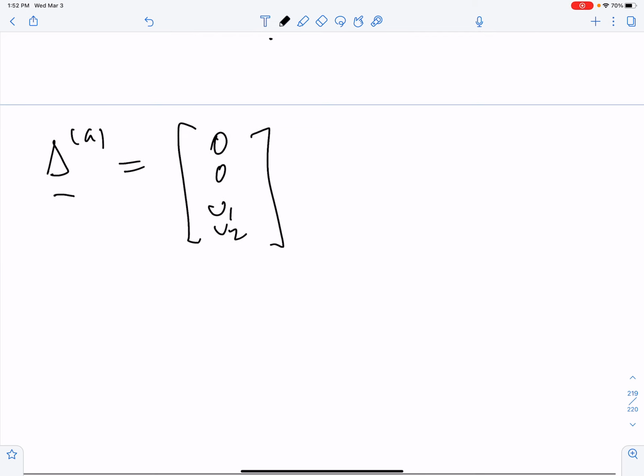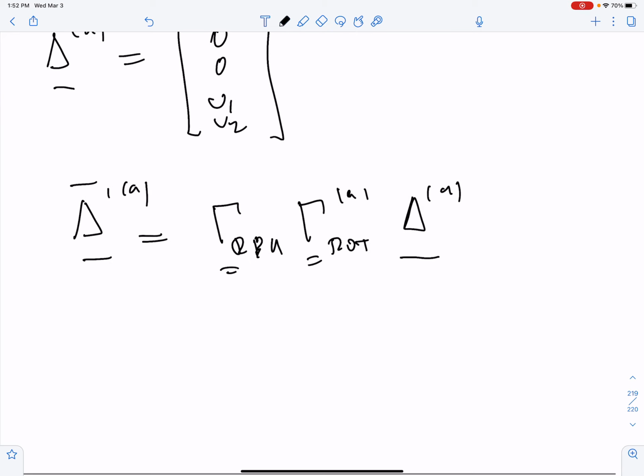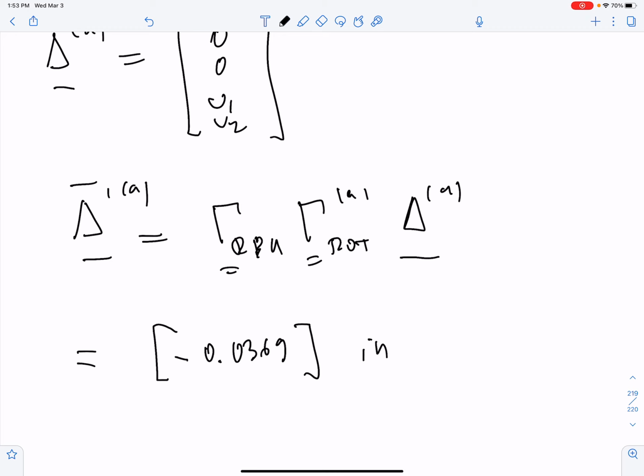Then we can compute the basic displacement, delta prime, and this is going to be gamma RBM times gamma ROT for element A times delta A. If you carry out the calculation, you get minus 0.0369 inches. So that element shortens by a small amount.